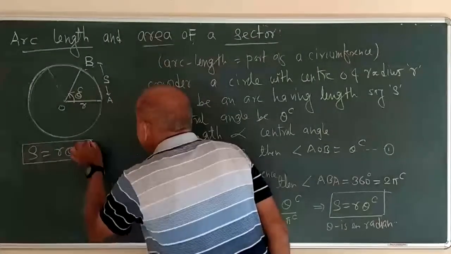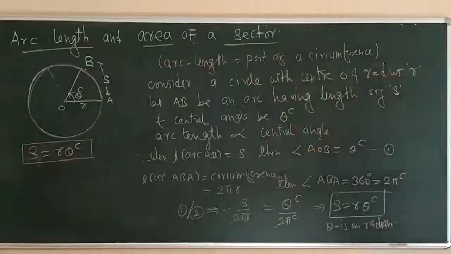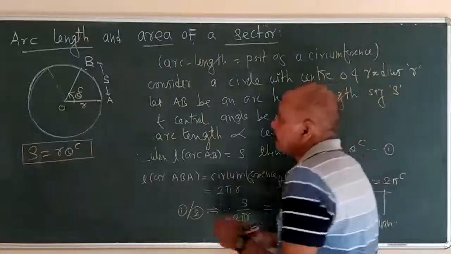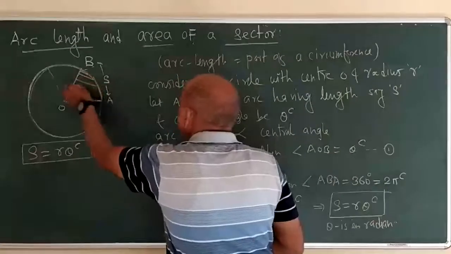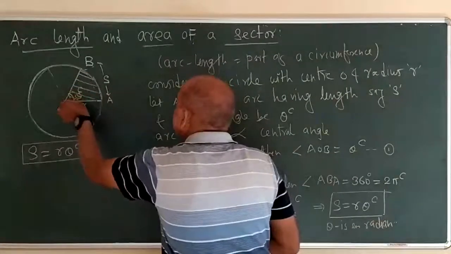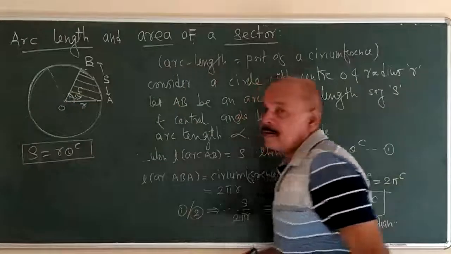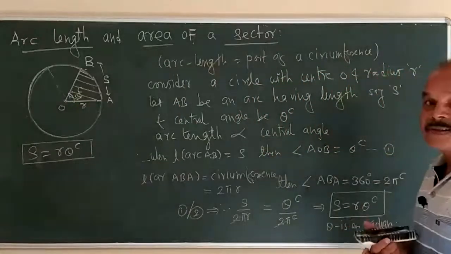Then we turn towards the area of a sector. See here, this is a sector. When the arc length is S, this part we call a sector. You know it. Now how to find its area?